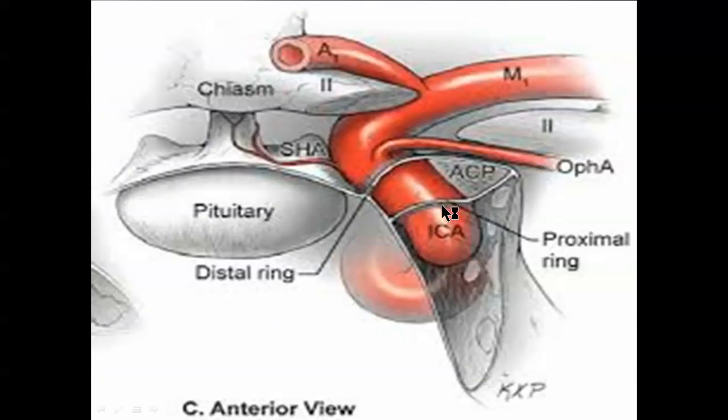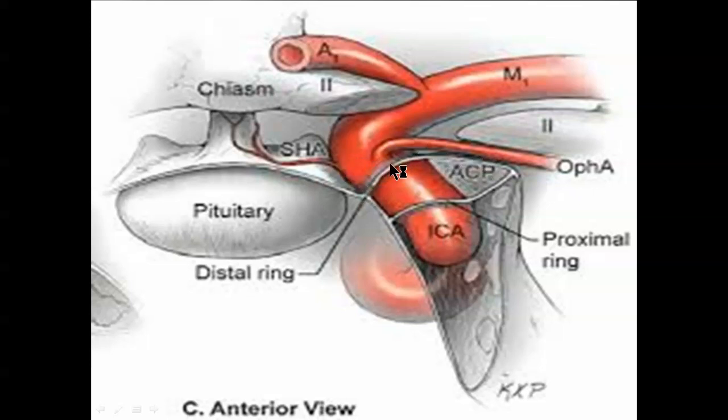Now here we can see in the cavernous segment, we have the proximal ring, we have the distal dural ring over here, then we have the anterior clinoid process. So this is the vertical part, vertical, horizontal part, sorry, of the internal carotid artery in the cavernous segment. All right, and here we have the anterior clinoid process.